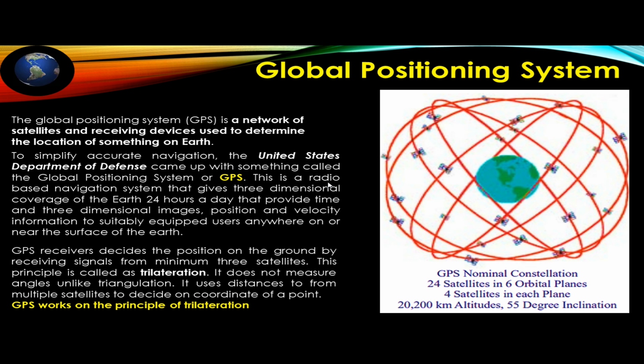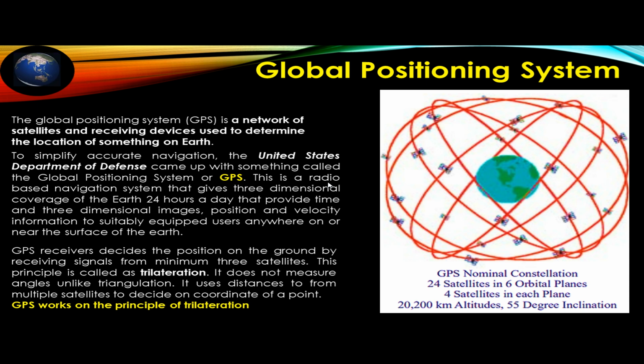It uses distances from multiple satellites, because you need a minimum of 3 satellites to decide the coordinates of a point. As we did in georeferencing, we located a minimum of 3, and it should be 4 points, then only can you georeference any imagery or any raster or vector on the globe through your GIS software.